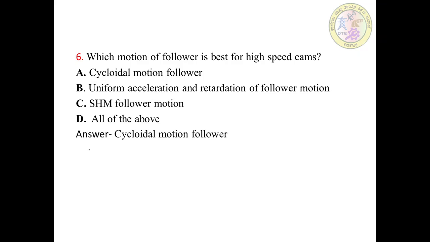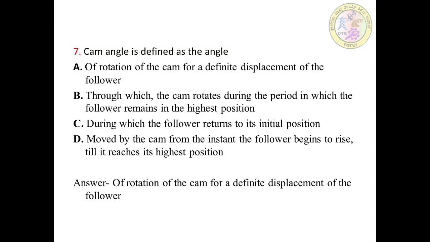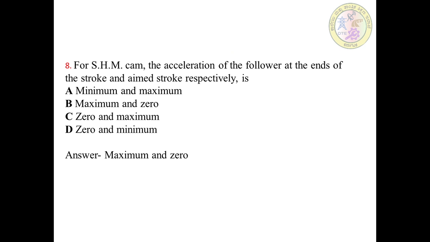Which motion of the follower is best for high speed cams and cyclical motion followers? Cam angle is defined as the angle of rotation of the cam for a defined displacement of the follower.